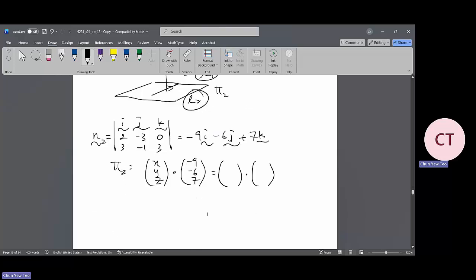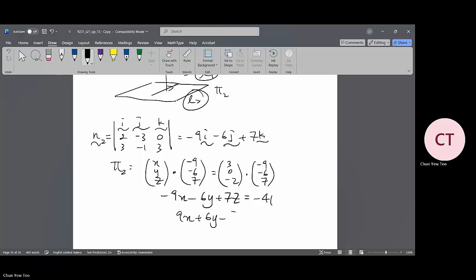With -9, -6, 7, you get -9x minus 6y plus 7z equals -41. We make the x positive, then you can make it become this. That is the answer for number 6b.